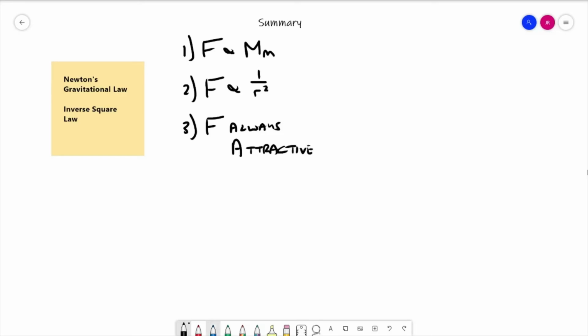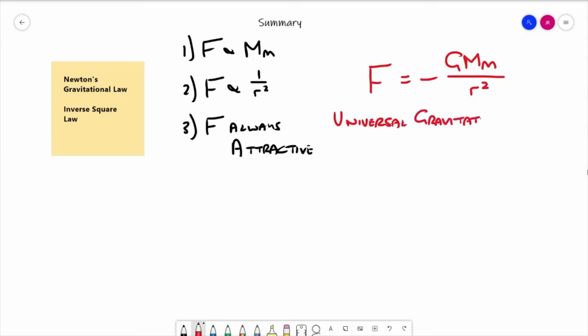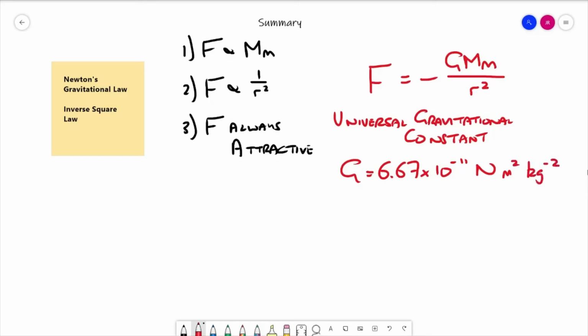Now, when we combine all of those together with the constant of proportionality as well, we had Newton's gravitational law, which was F is equal to minus G big M little m over R squared, where G is the universal gravitational constant, and was 6.67 times 10 to the minus 11 newton metre squared per kilogram squared.